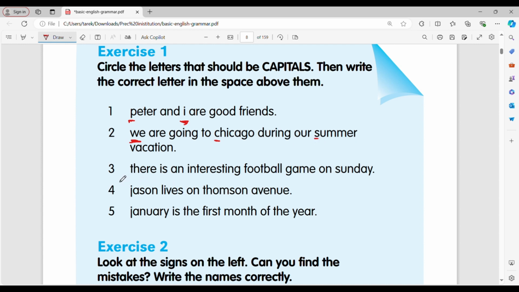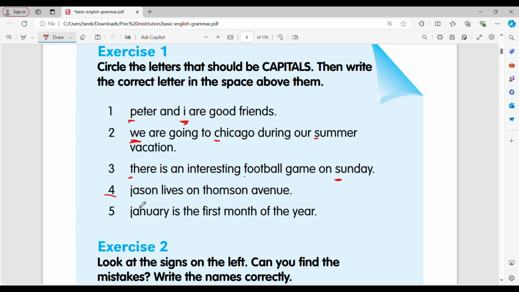Number 3, there is an interesting football game on Sunday. First thing first, at the beginning of the sentence, the T. So there is an interesting football game on Sunday. S should be capital. In here, number 4, Jason lives on Thompson Avenue.